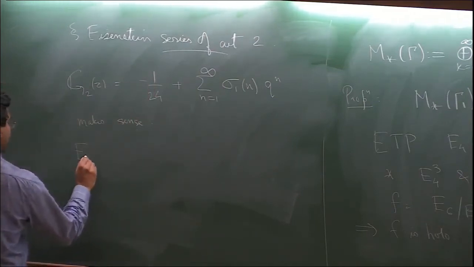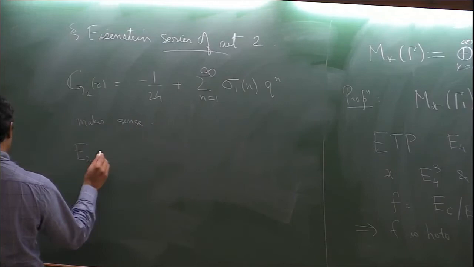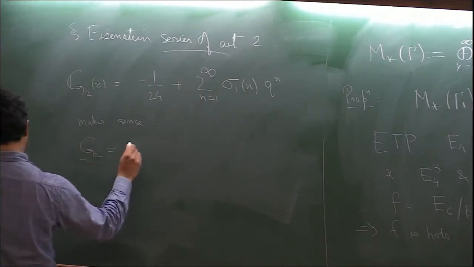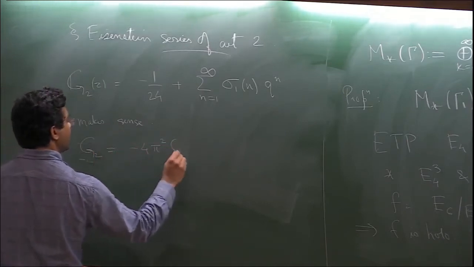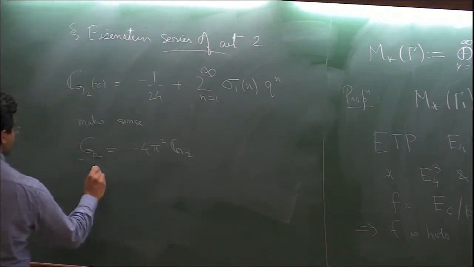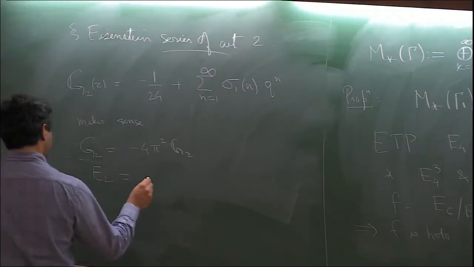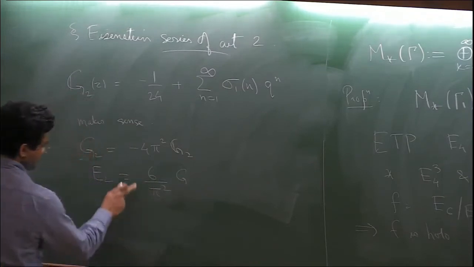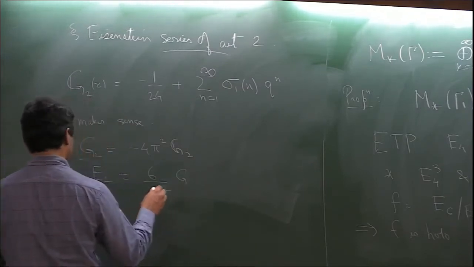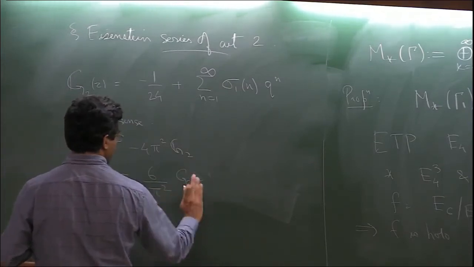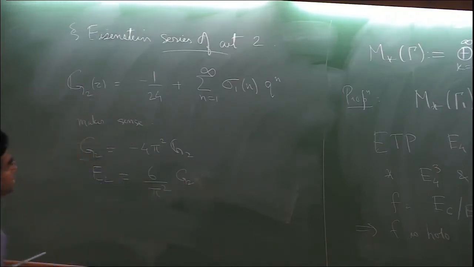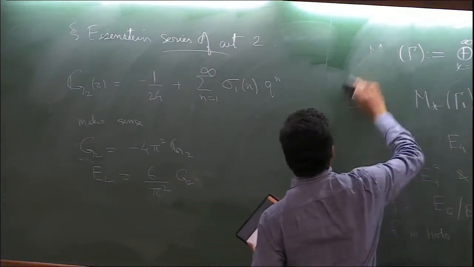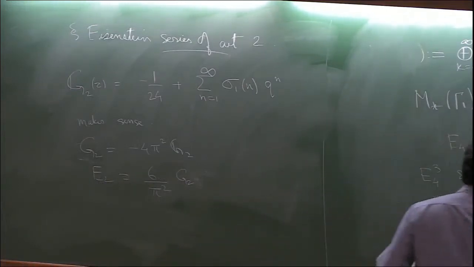So we define G2 to be minus 4 pi squared times this boldface G2, and we define E2 to be 6 over pi squared times it, so this zeta function appears. I'm using zeta 2 explicitly here, or 1 over that.